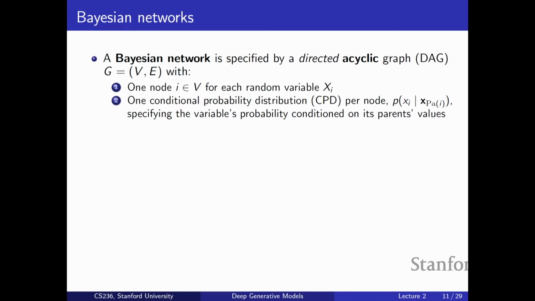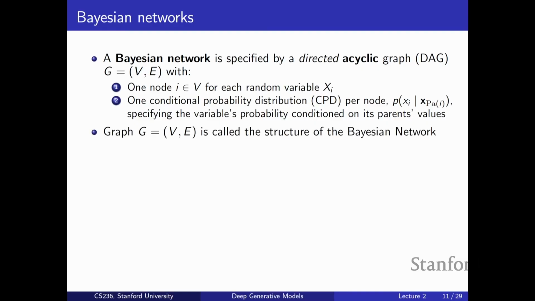And then for every node in the graph, you specify its conditional distribution given its parents in this directed acyclic graph. The graph is the structure. And then by specifying different conditional distributions for each variable given the parents, you get different parameterizations of these joints.